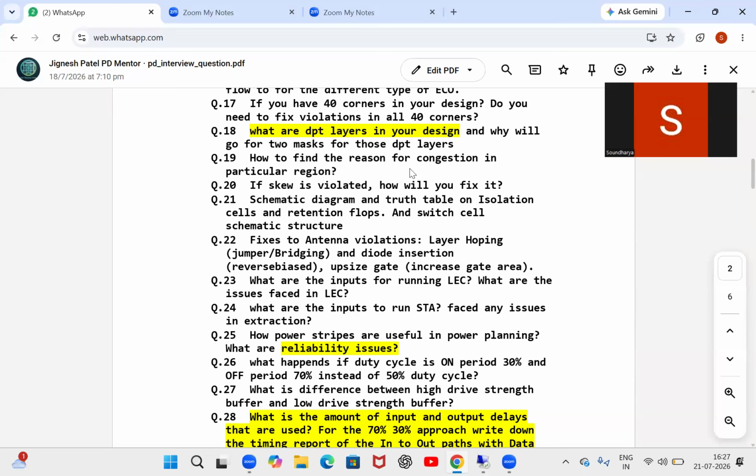I will use a high drive buffer to fix timing and a low drive buffer for hold fixes. Any other difference?